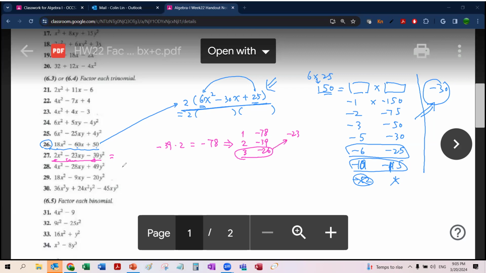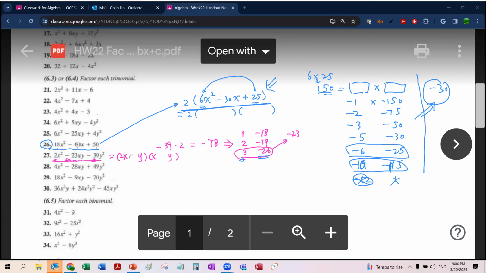All right, so this part is breaking down into 2x, x, y, y, and one of them should be negative 26, the other one became 3.